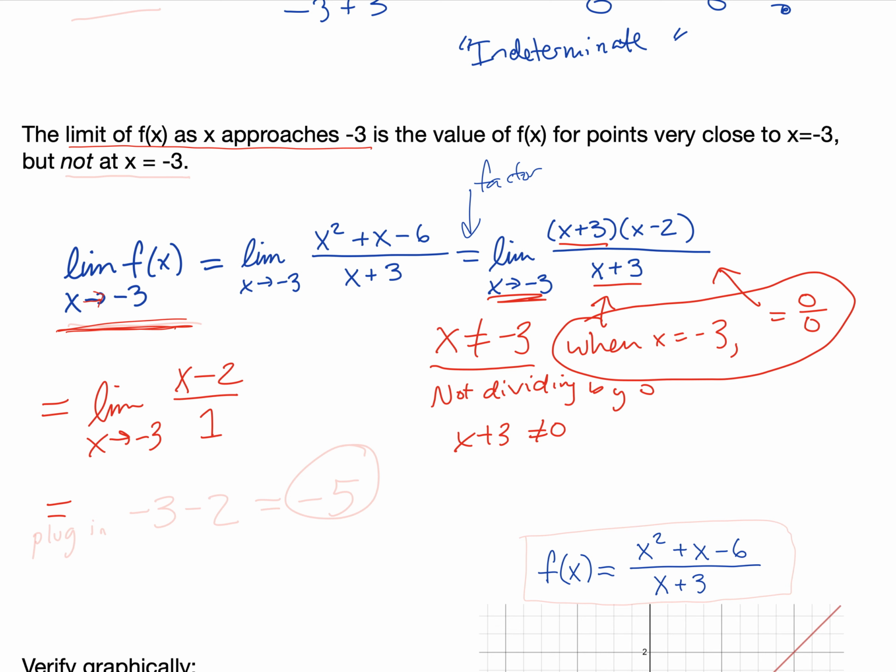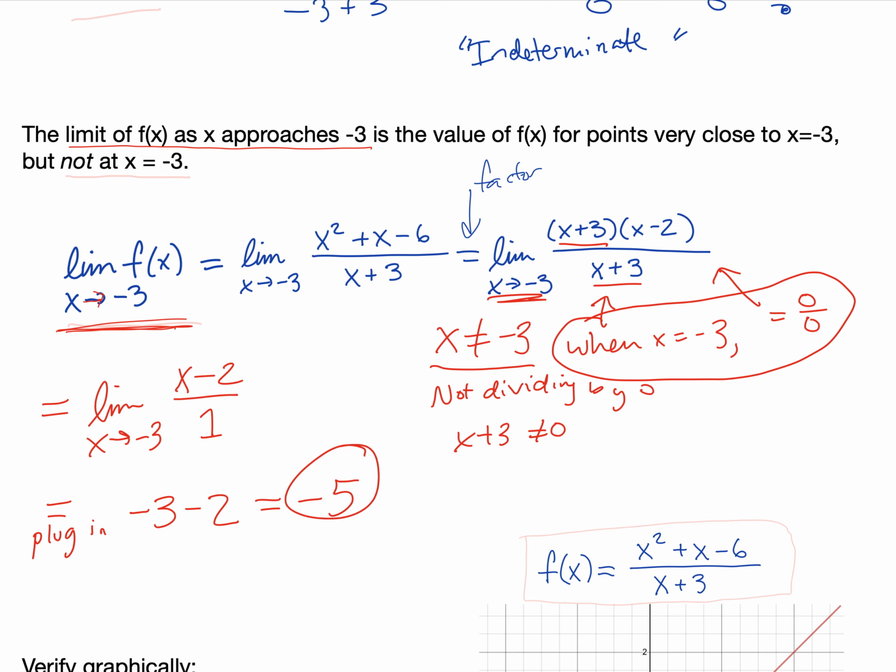And so at that point, we can say, well, now this is a perfectly fine fraction. There's no 0 on the bottom. And so now we can just plug in. As x goes towards negative 3, where does x minus 2 go? It goes towards negative 3 minus 2 over 1, which is negative 5.